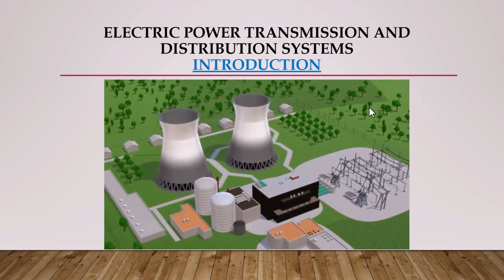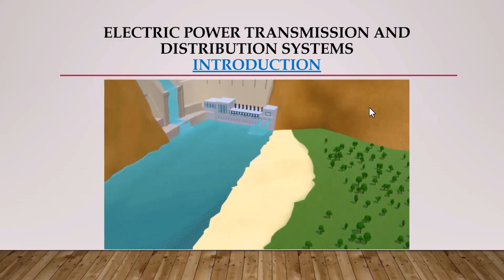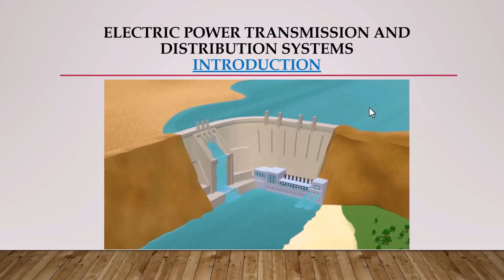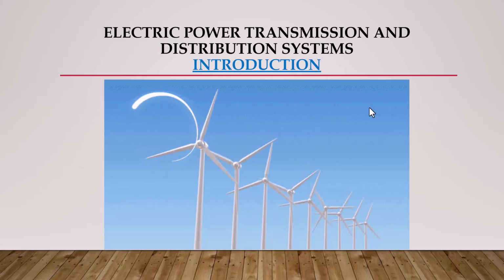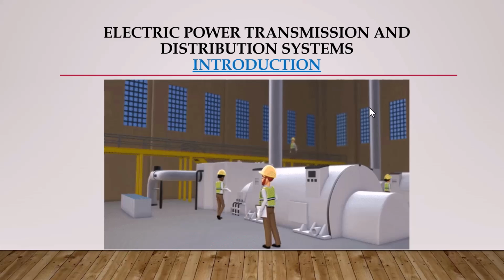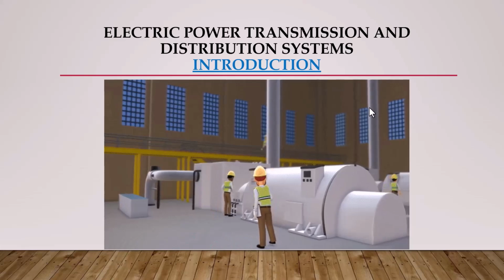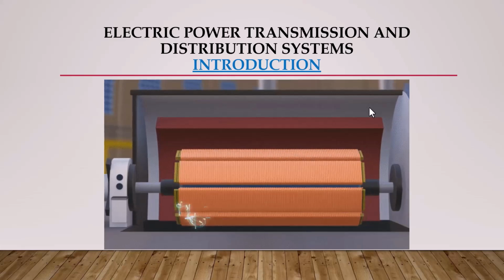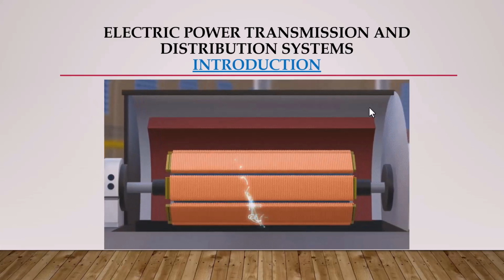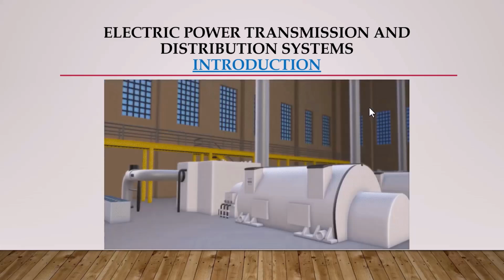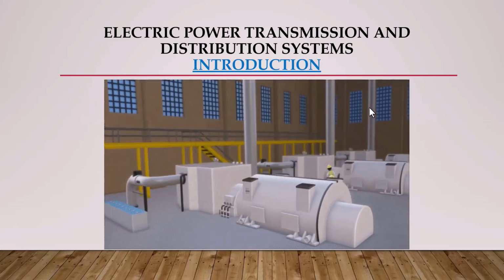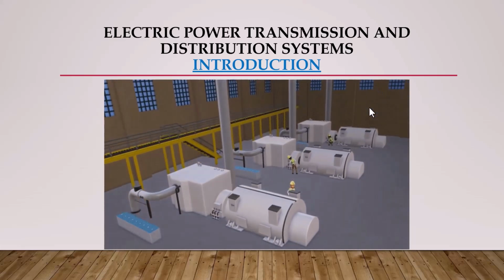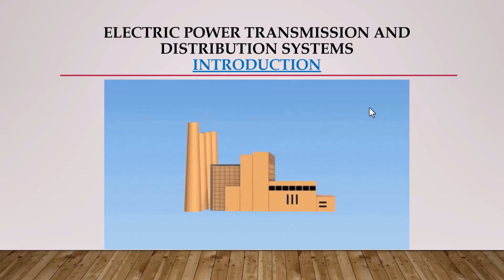Or put another way, transmission is about covering distance with minimal loss, and distribution is about reaching people with usable, safe voltage levels. These systems, working together, form the invisible backbone of modern civilization, allowing us to power everything from hospitals to smartphones without ever really thinking about how that energy got there.